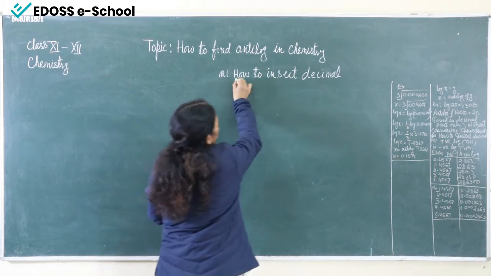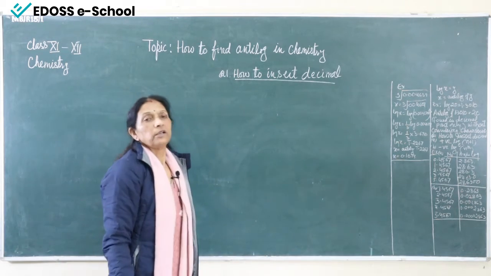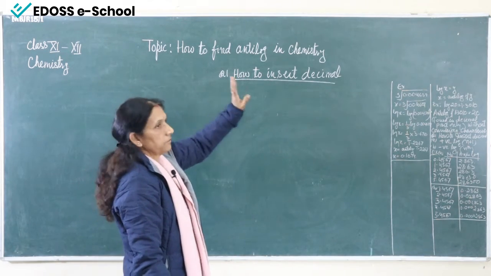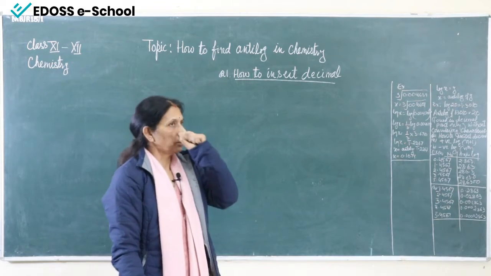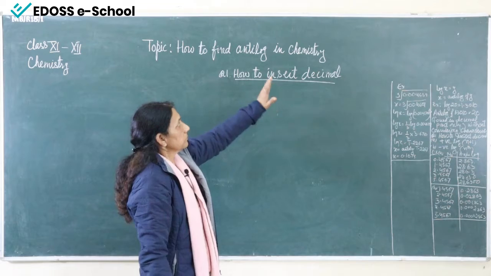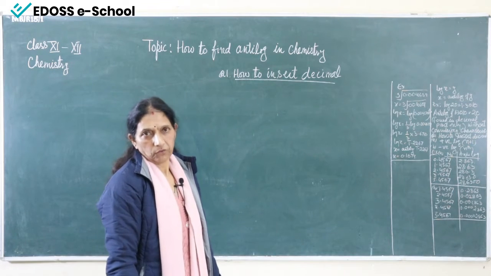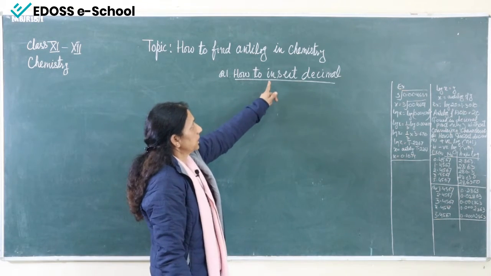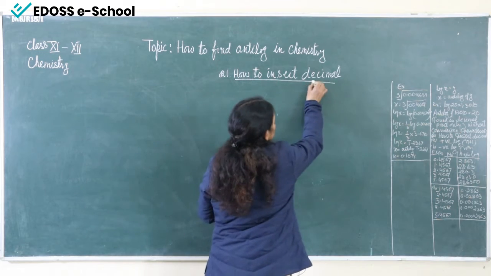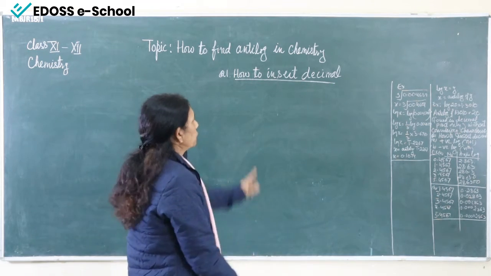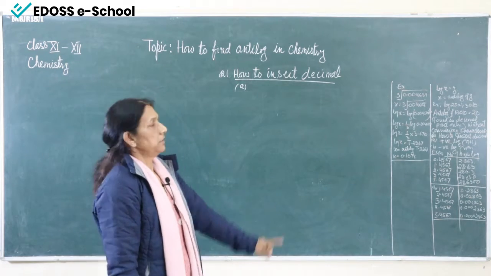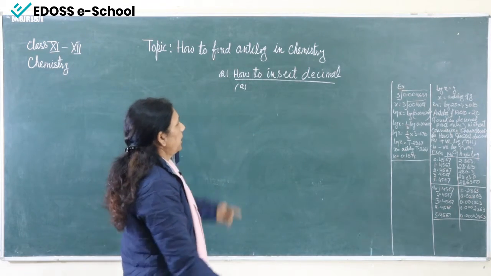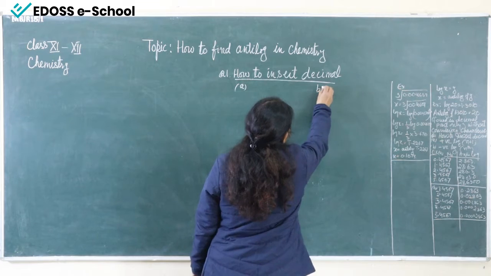This is a very important part. After getting the value from the antilog table, the important thing is how to insert the decimal. Here there are two rules for inserting the decimal, A and B.